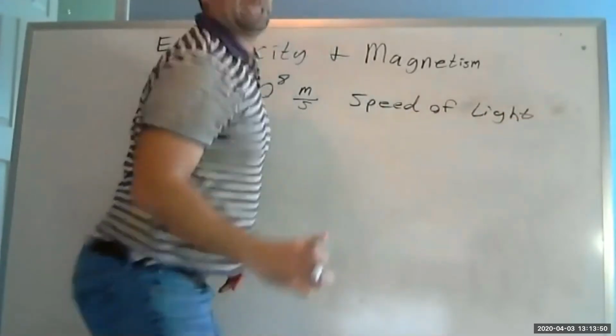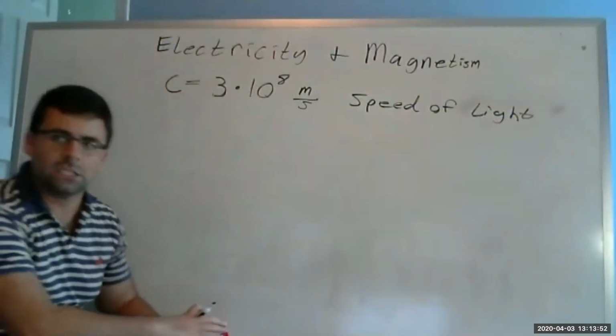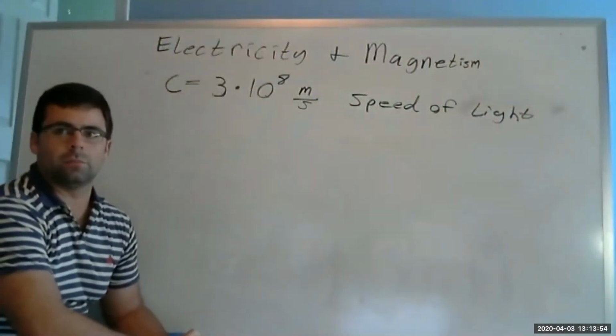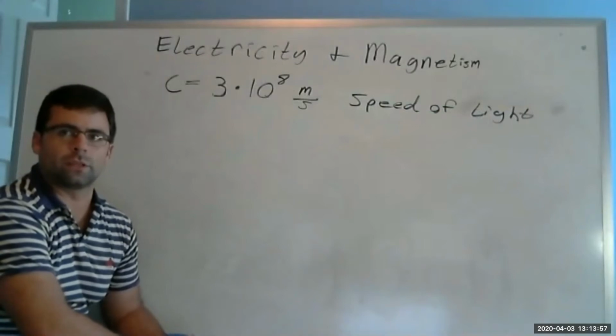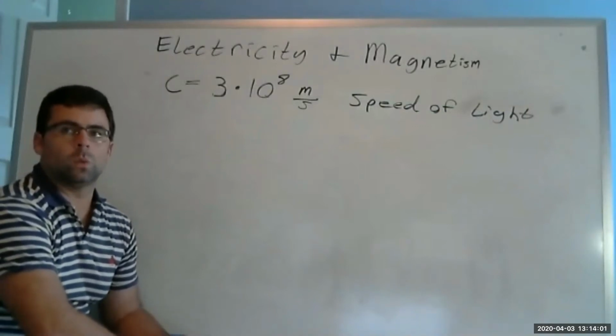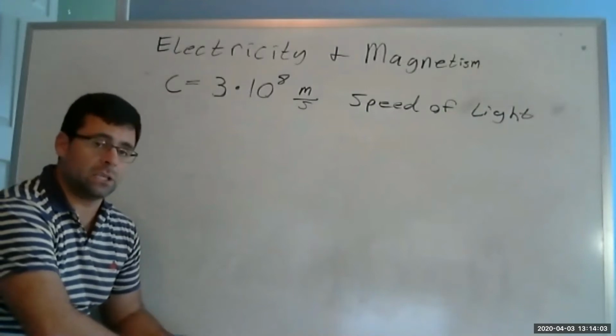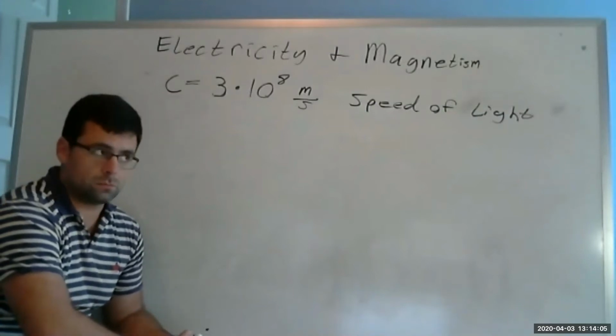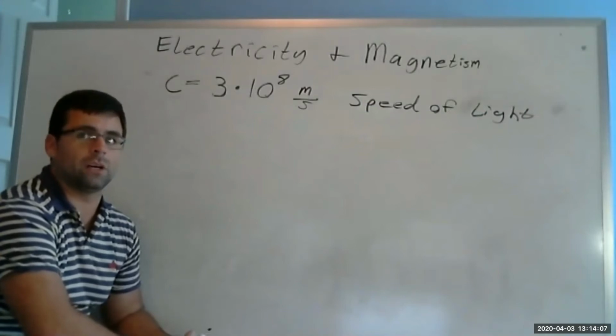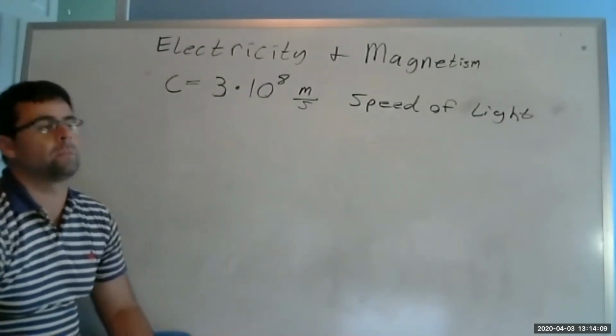It's technically like 2.98 times 10 to the 8th, but we're using 3 times 10 to the 8th. So this is the speed of a wave of light. Okay?